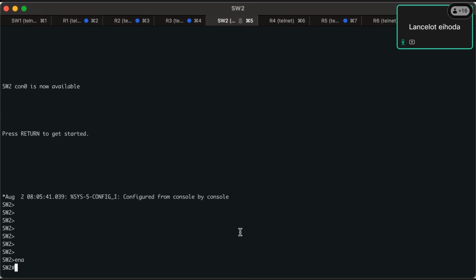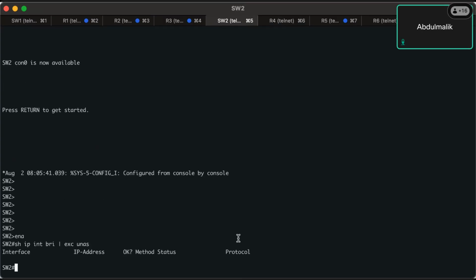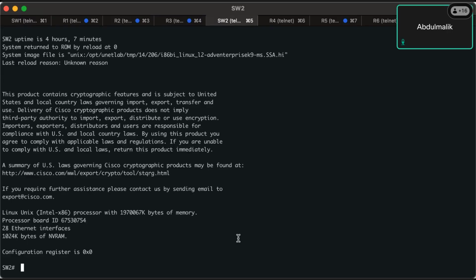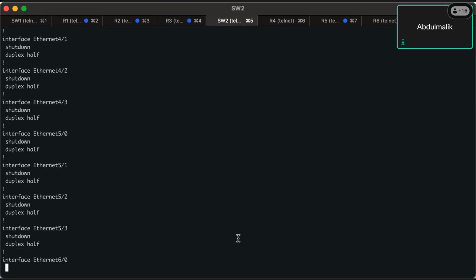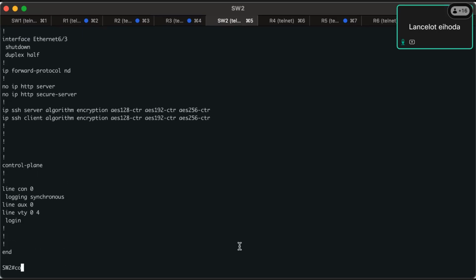This is a switch. No layer 3 done on the switch, just layer 2 connections.